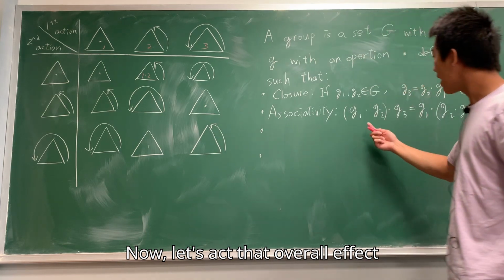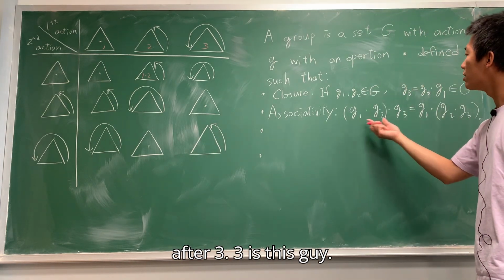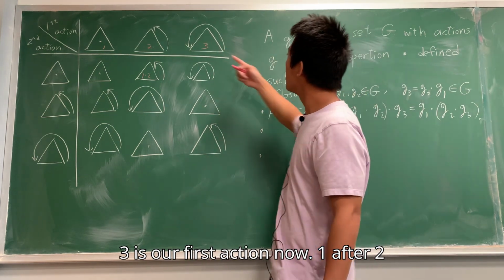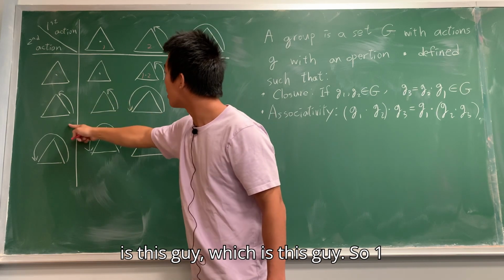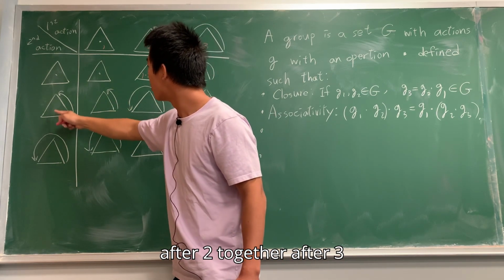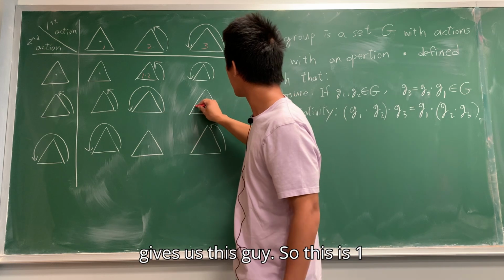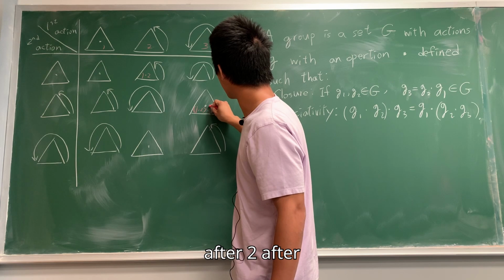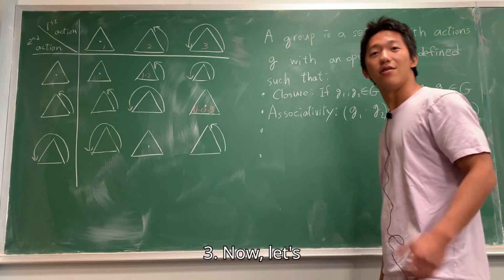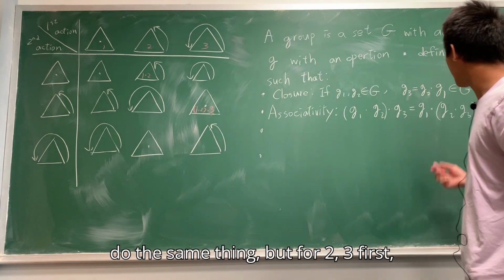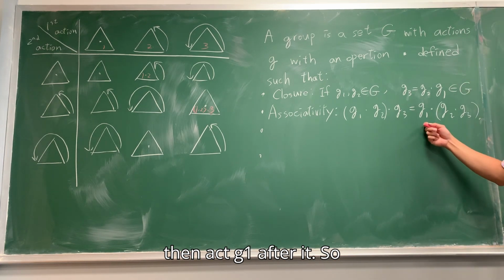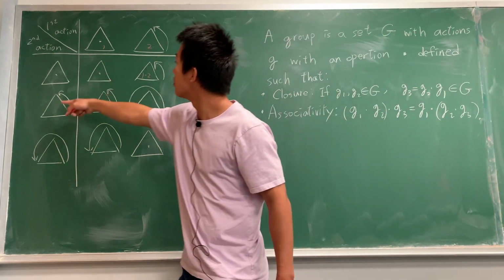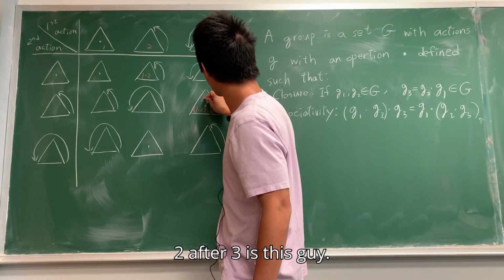Now let's act that overall effect after 3. 3 is this guy. So 3 is our first action now. 1 after 2 is this guy. So 1 after 2 together after 3 gives us this guy. So this is 1 after 2 after 3. Now let's do the same thing, but for 2, 3 first, then act g1 after it. So 2 after 3 is this guy.